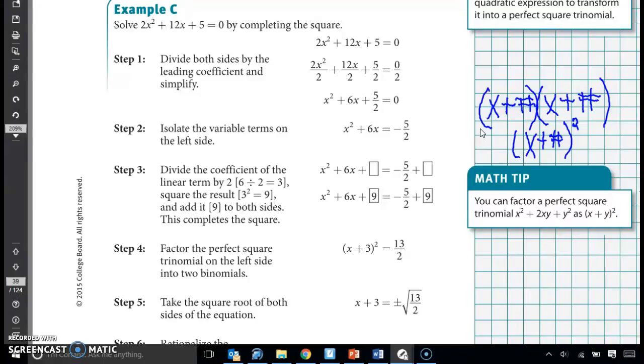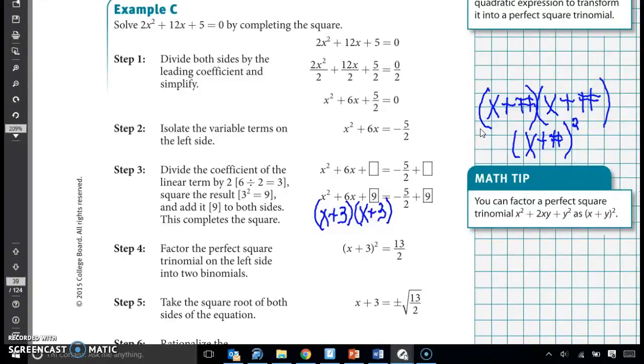So we have x squared plus 6x equals some number. So we need 2 numbers that when we add them together, they add up to 6, but it needs to be that same number. So essentially we're taking half of 6. So what's half of 6? 3. So in our binomials, we want x plus 3, which means our last number is 3 squared. 3 times 3, which is 9.